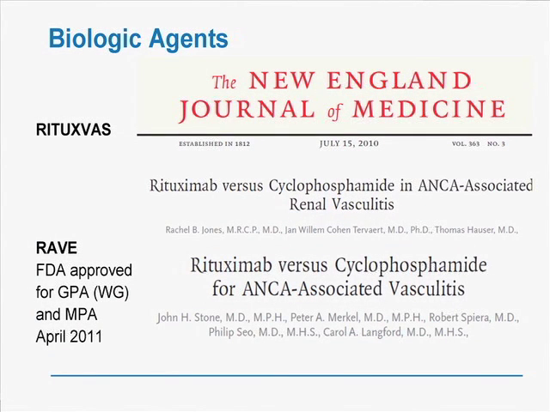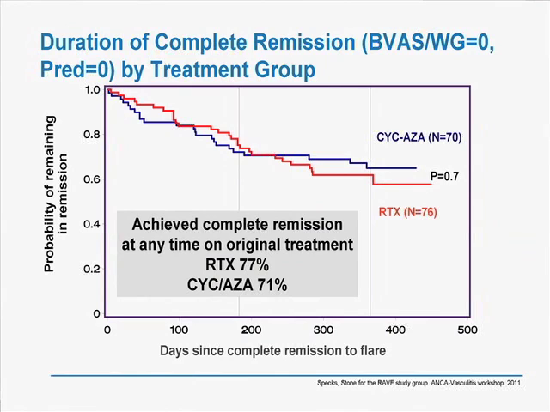Now, biologic agents have also come into the arena for treating ANCA-associated vasculitis, GPA and MPA, and these are two studies that came out in 2010. I was part of this study called the RAVE study, and this is the study that demonstrated that rituximab compared to cyclophosphamide was equally effective in inducing remission and led the FDA to approve rituximab for the treatment of GPA and MPA.